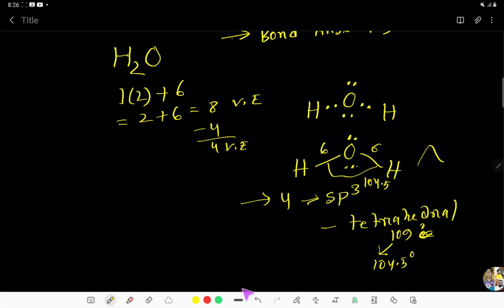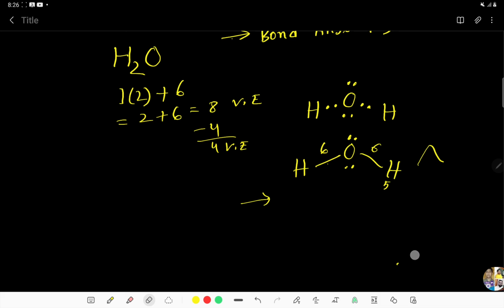Now I am going to tell you the H2O molecule's polarity, right? You know that polarity depends on many things. First, let us check the bond polarity. Look, here oxygen is more electronegative than hydrogen. So this hydrogen is partially positive and this oxygen is partially negative. Due to the electronegativity difference, this bond is polar, and this bond is also polar, right?